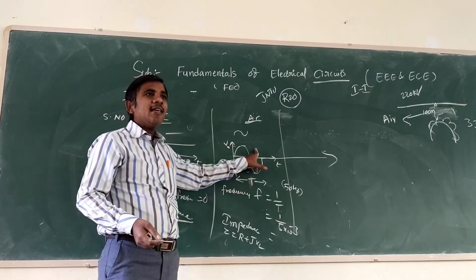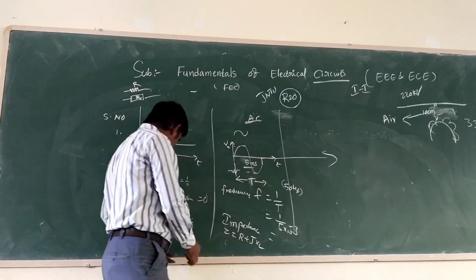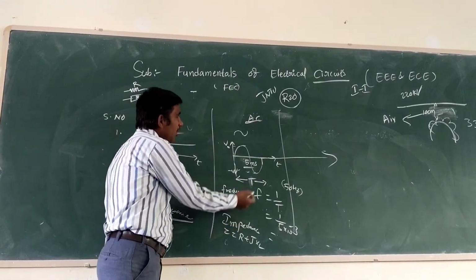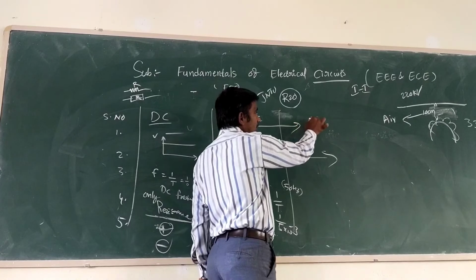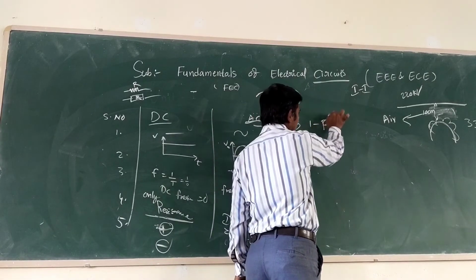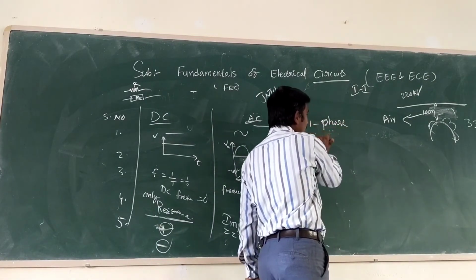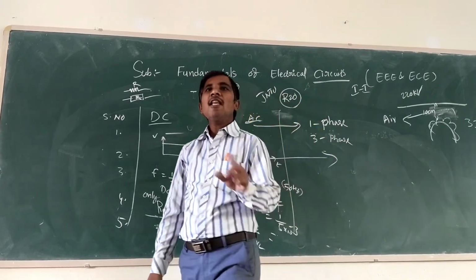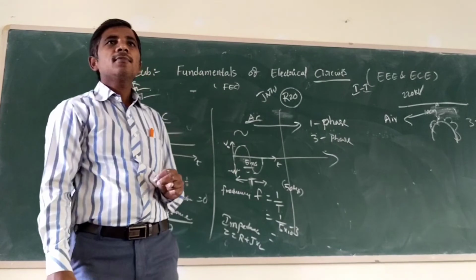In DC there are only plus and minus, but AC has single phase and 3-phase, 2 supplies.